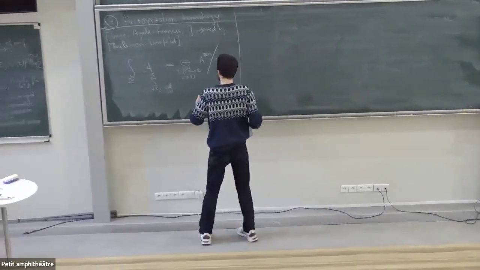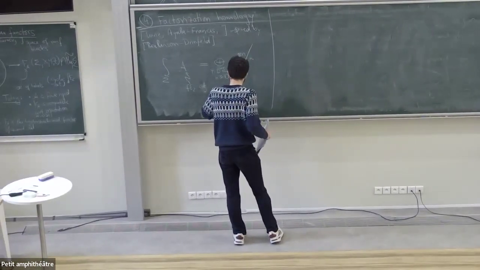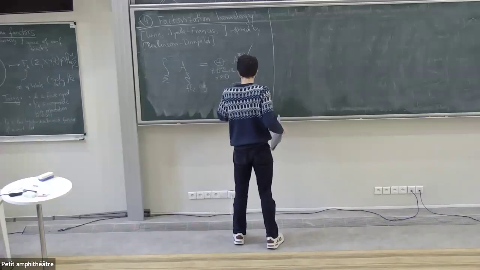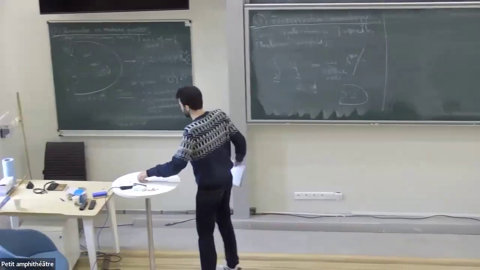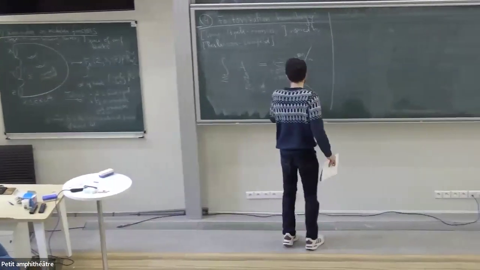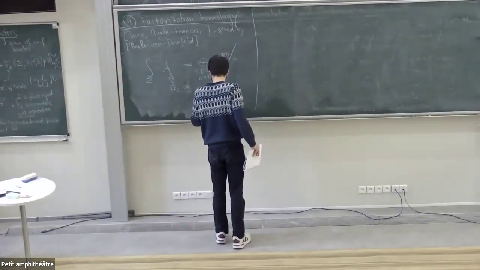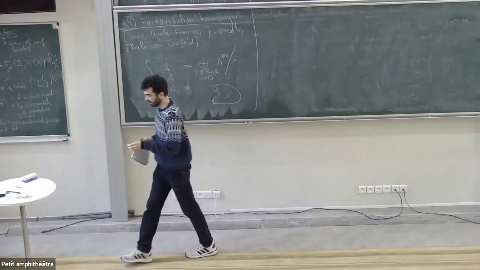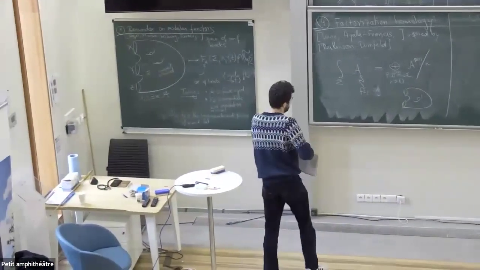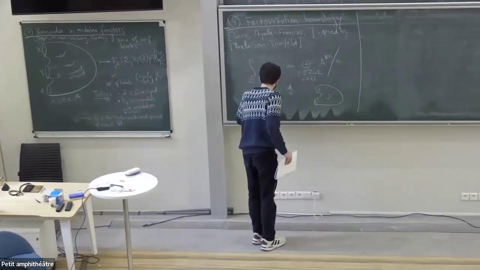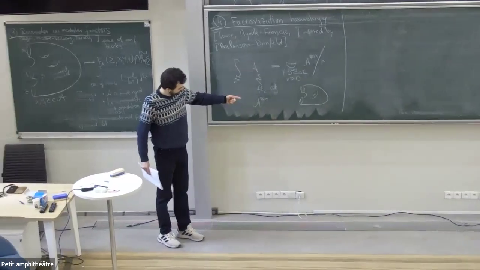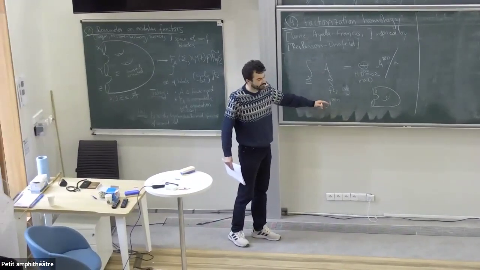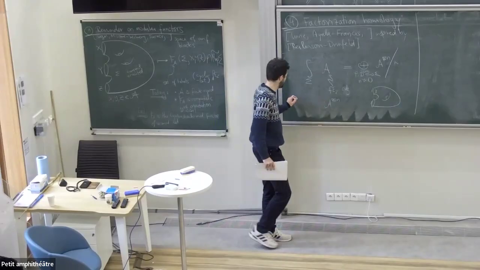If you have a surface, and it has the datum of a bunch of parametrized intervals, then for every such interval, this category will act on factorization homology.